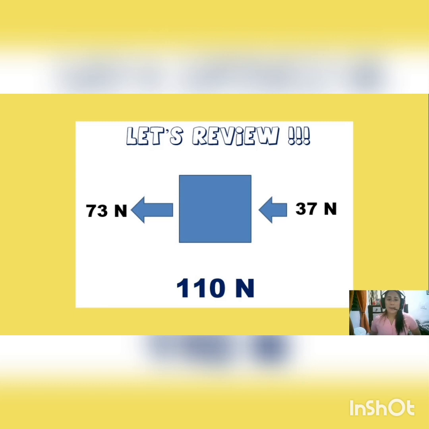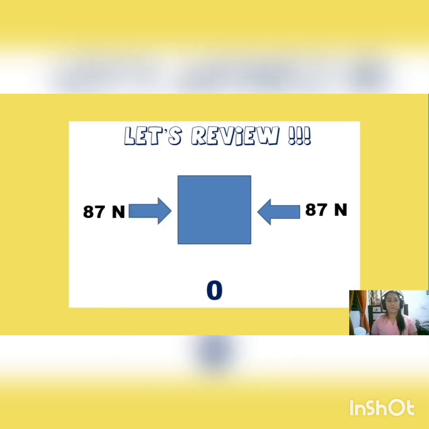Okay, another example is, if the directions are the same, again with the same box, one person applied 73 Newtons, while the other one applied 37 Newtons. So, since they have the same direction of forces, all you need to do is to add them as well. So 73 plus 37 is equivalent to 110 Newtons.